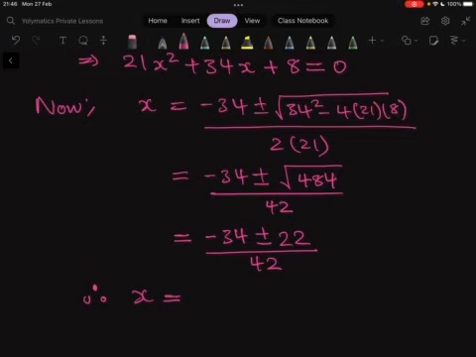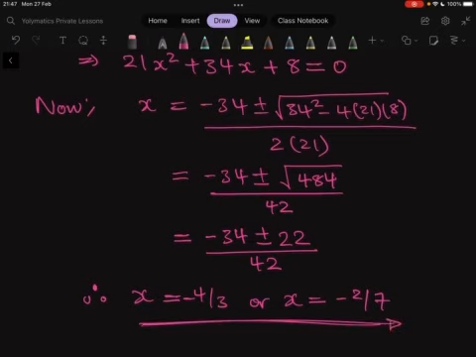If we apply our calculator, one of the solutions is that x is equal to negative 4/3. The other solution is 22 divided by 42, which is negative 2/7. These are the two values of x that we have.